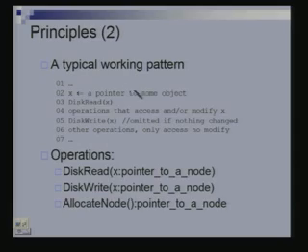But if it is referring to something that sits on the disk, then you have to first fetch that block of data, that page of data, from the disk into the main memory, and then you can access that particular object. So, a typical pattern would look like this. X is a pointer to some object.